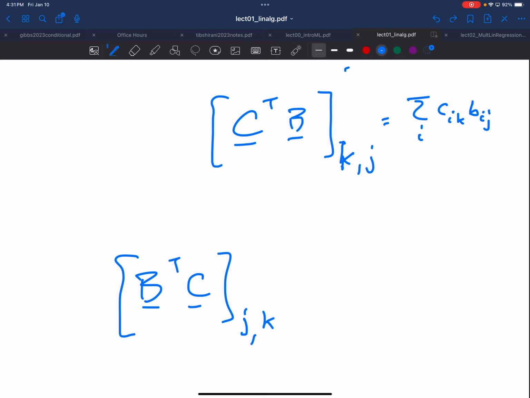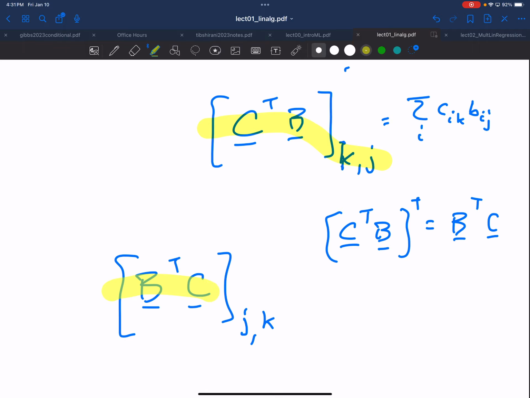And it is, because if I take C transpose B and I transpose that whole matrix, what do I get? B transpose. Exactly. We transpose them individually, but we swap the order. So everything you can see is consistent. There's two different solutions to this problem, and they're both equivalent.